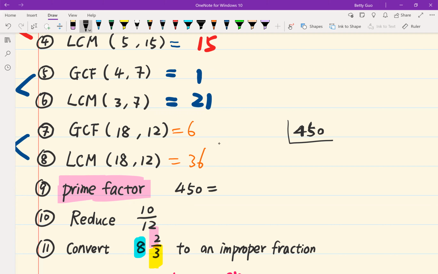Is 9 prime? If the number is not a prime, you have to continue. You don't need an exponent.